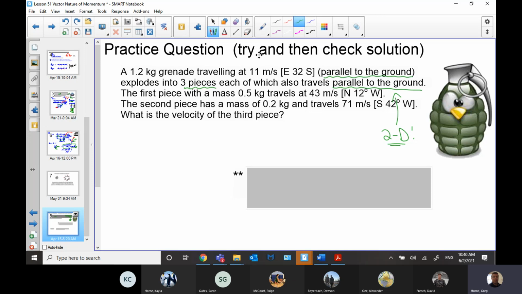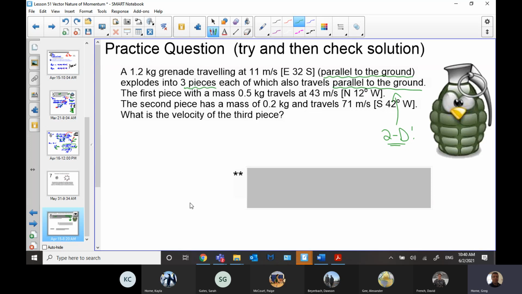Okay, so I had it written as try and then check, but I think I'll make this one an assignment. Okay, so we've got a grenade and so on. It gives you information. Just realize that we're talking about a grenade that's sliding along. It's not super realistic, I guess, maybe, right? But it's a grenade that's going to explode out all in a flat 2-dimensional surface.